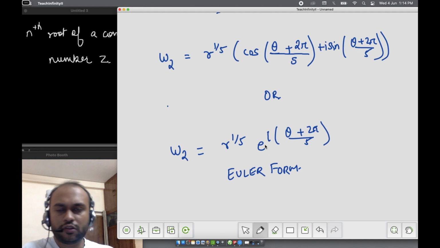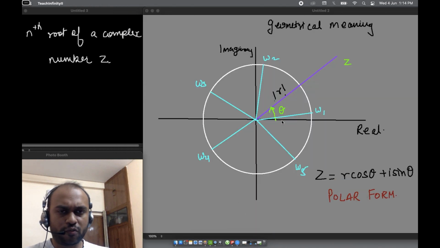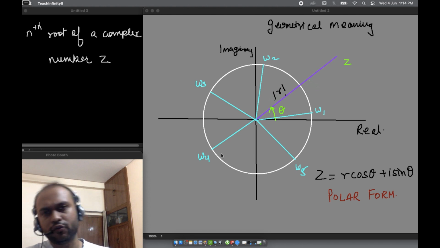Similarly, let's talk about the second root, w2. Once you have got w1, the geometrical meaning is that you want to divide this circle into 5 equal sectors. That's how you can map every root.